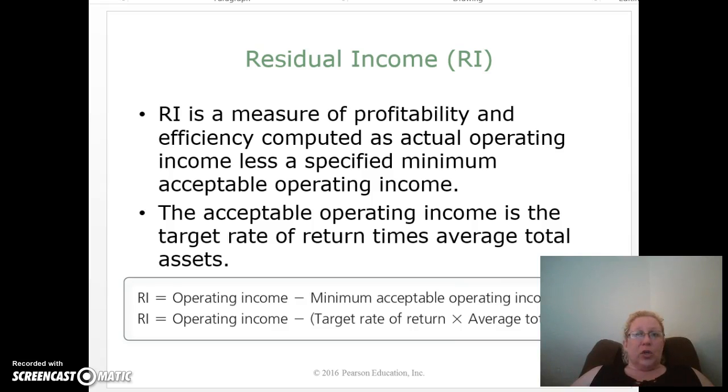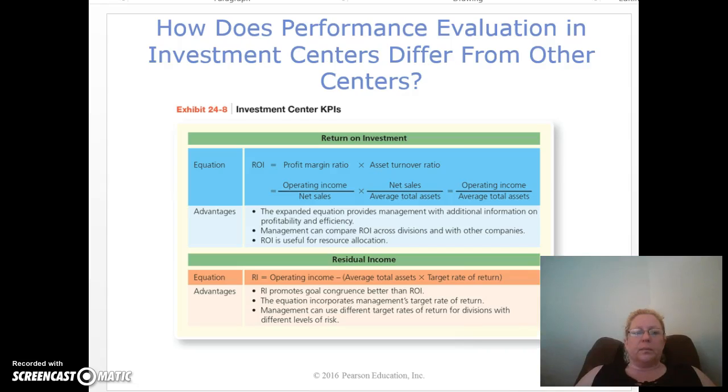RI is the extra operating income above the minimum operating income. A positive RI means that the division's operating income exceeds management's target rate of return. A negative RI means that the division is not meeting the target rate of return.